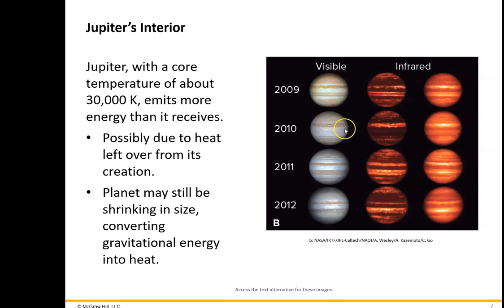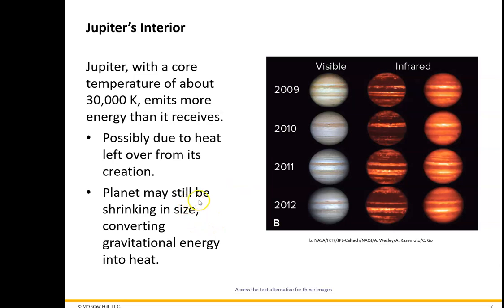And as Jupiter got bigger and bigger, the interior of it got hotter and hotter. And so what it's doing now is releasing that heat out into space. So there's more heat coming off of Jupiter than is going into Jupiter from the sun.